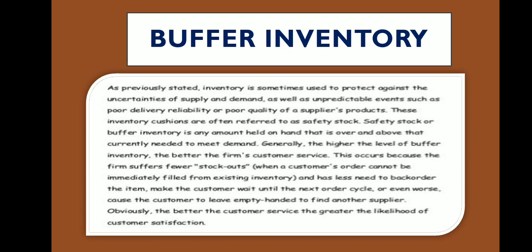Safety stock or buffer inventory is any amount held on hand that is over and above that currently needed to meet demand. Generally, the higher the level of buffer inventory, the better the firm's customer service. This occurs because the firm suffers fewer stock-outs and has less need to backorder the item.